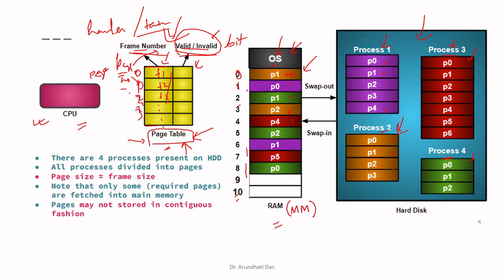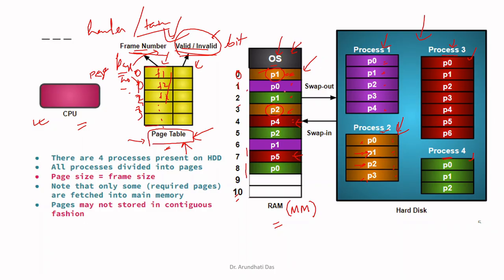From the process P2, which actually has 4 pages, P0, P1, P2, P3, only P1 and P2 are there in the RAM. Rest of the RAM is occupied by other processes. Similarly, from the red process P3, page P4 is there and page P5 is there.